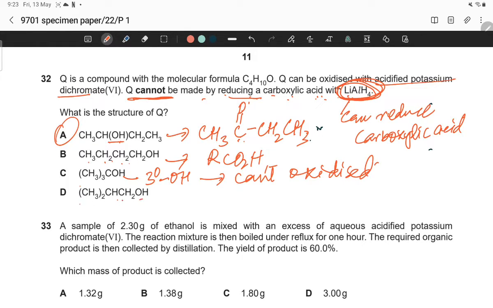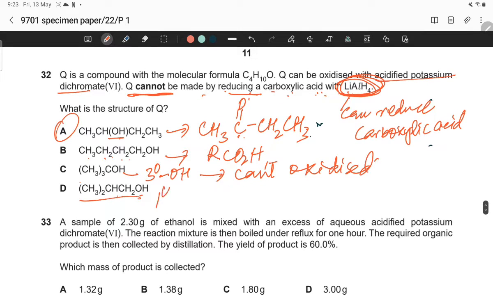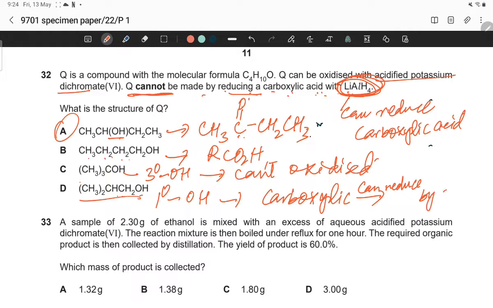CH3, CH2O, this is also a primary alcohol, forms carboxylic acid and can be reduced using LiAlH4. So A option is correct.